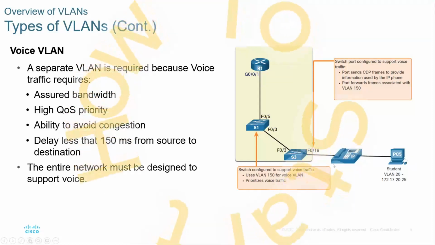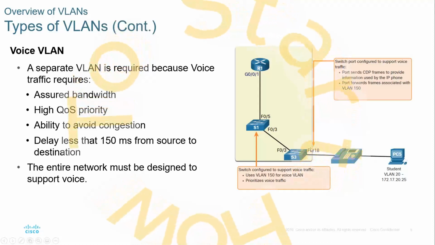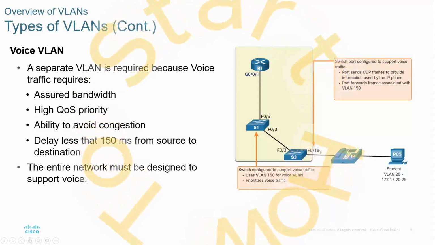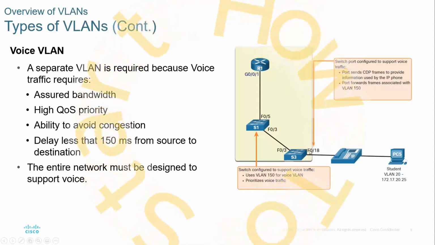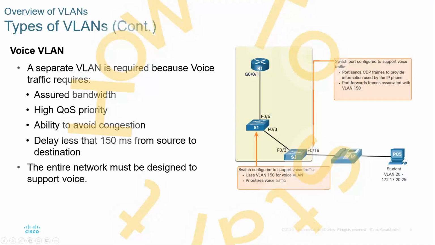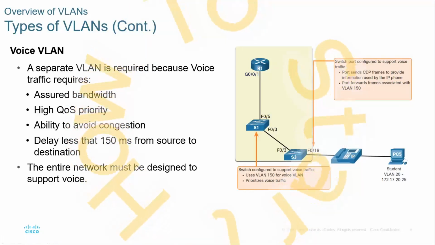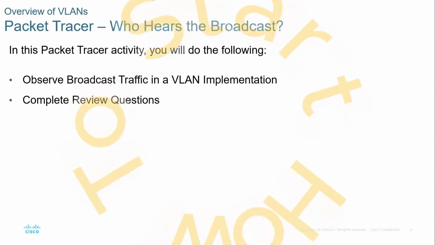The voice VLAN will be for your phone. The data VLAN will be for your computer. The port will be assigned a voice and a data VLAN. So this is one of the only cases that allows for two VLANs to be tied to a single physical port. Okay, so we do have a Packet Tracer showing us how to implement VLANs.